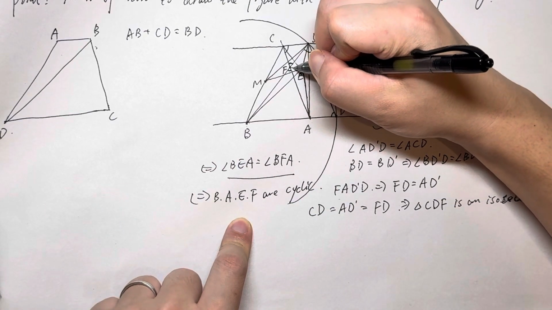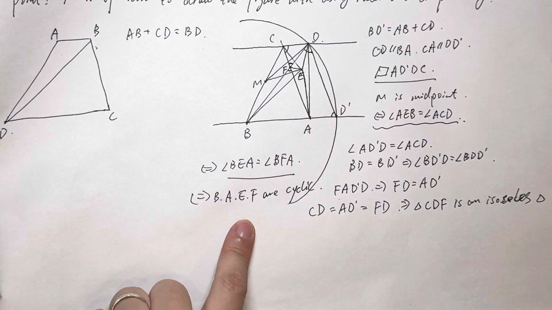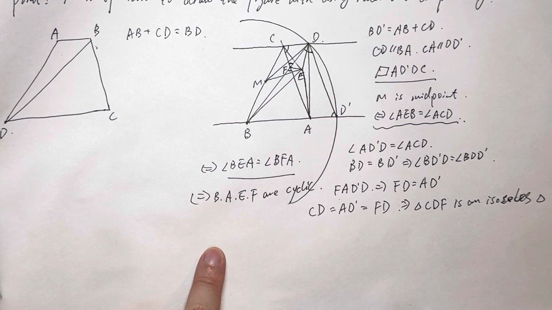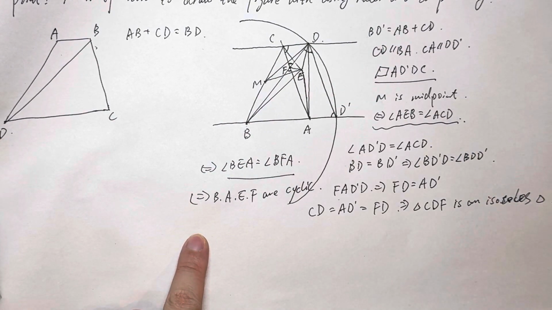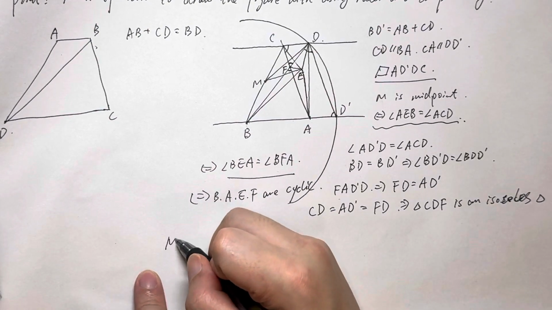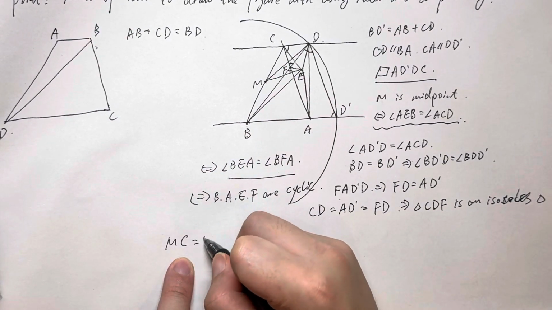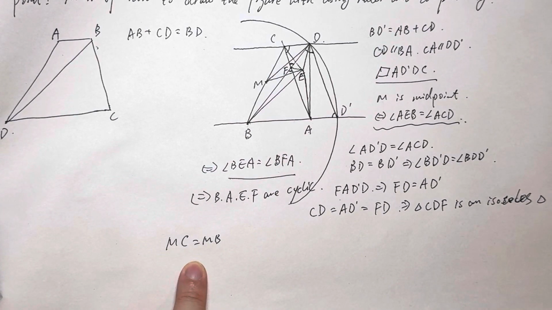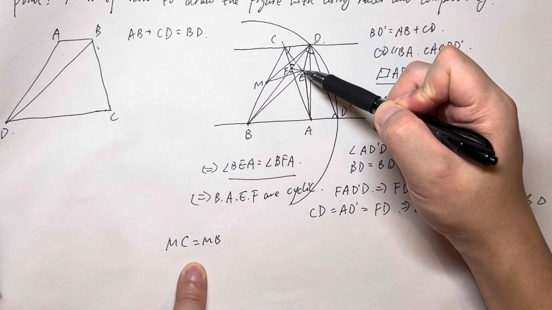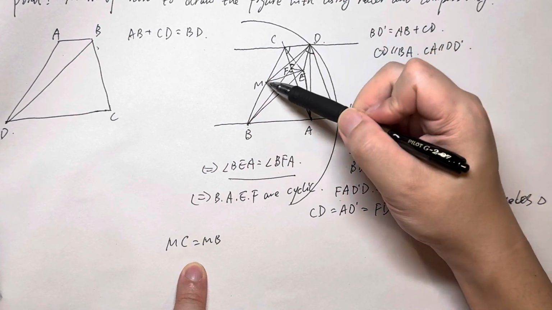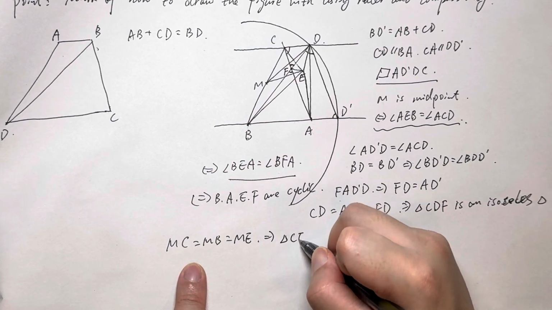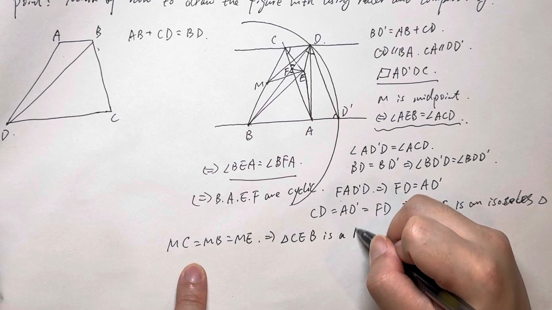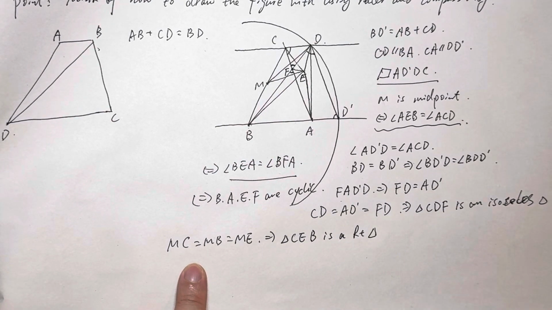Now let's connect FE, and think about what we haven't used yet in the problem. That M is a midpoint, right? M is a midpoint means that MC equals MB. And we know that E is a reflection of C over MD, which means MC equals ME, which means triangle CEB is a right triangle, right?